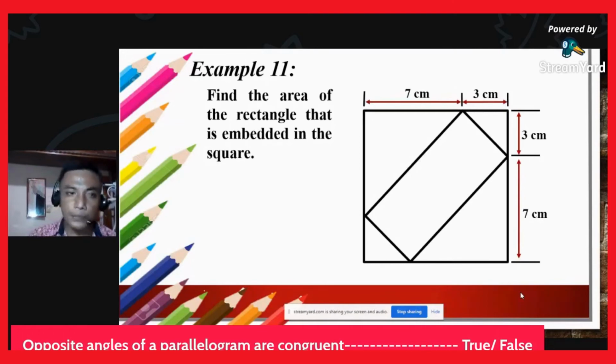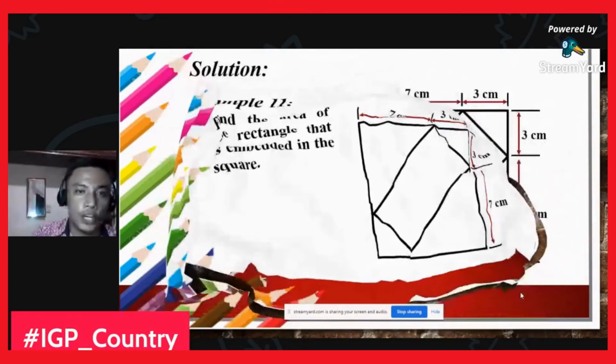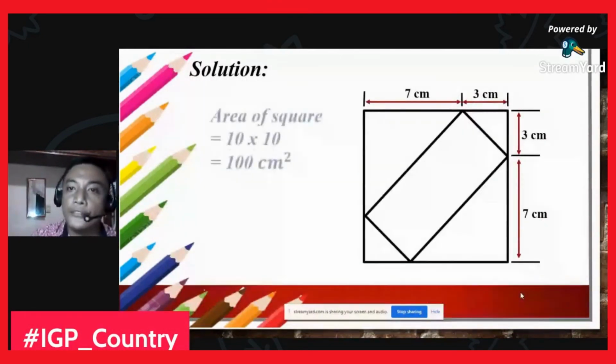So as we can see, we could actually see 4 triangles. We have 2 small triangles and 2 big triangles. So, we're going to compute the area of the square first.